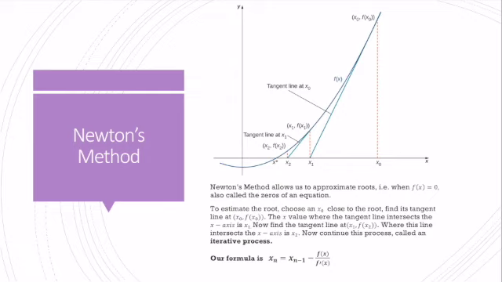We then continue the process again and find the tangent line at x sub 1, f of x sub 1, where this line intersects the x-axis and is now x sub 2. And we keep doing this over and over again, and we call this an iterative process. It repeats. The formula for this process is x sub n equals x sub n minus 1 minus f of x over f prime of x.